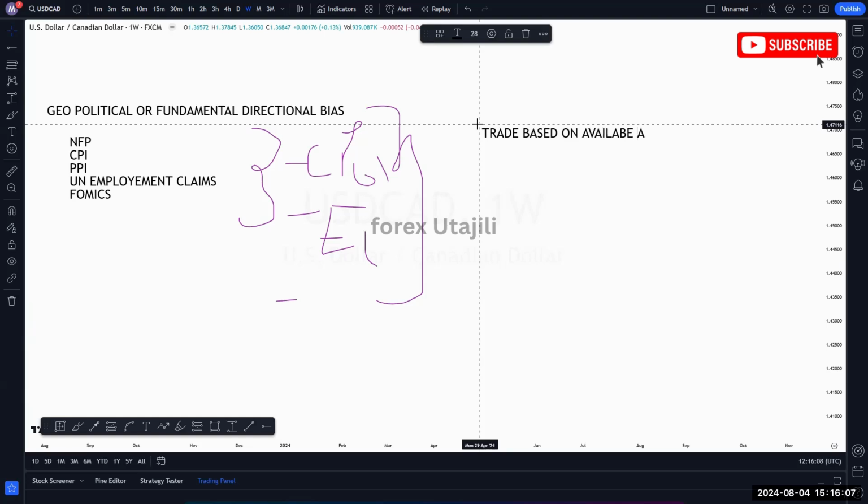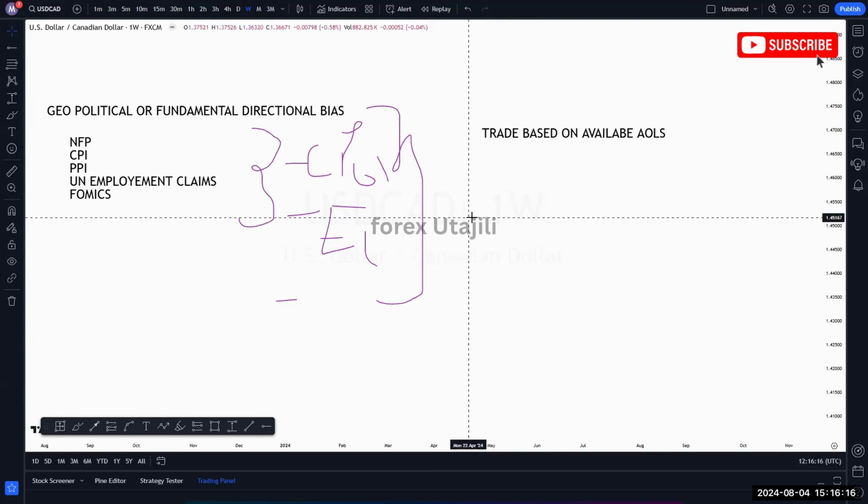Now, there is no specific strategy designed to trade these news, like how other mentors out here always say that we have a news trading strategy. No, it's not there. We trade based on structure and the liquidity available.